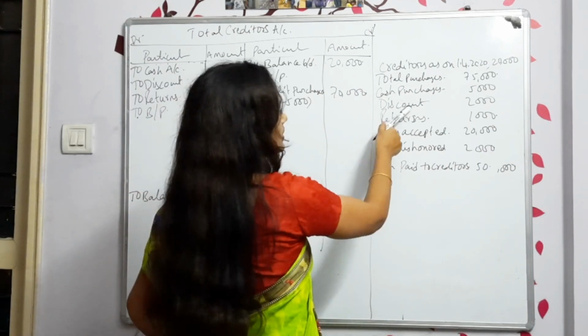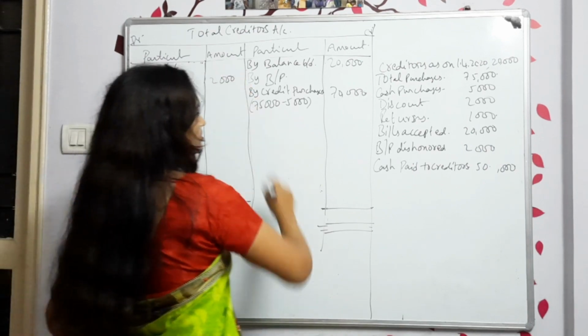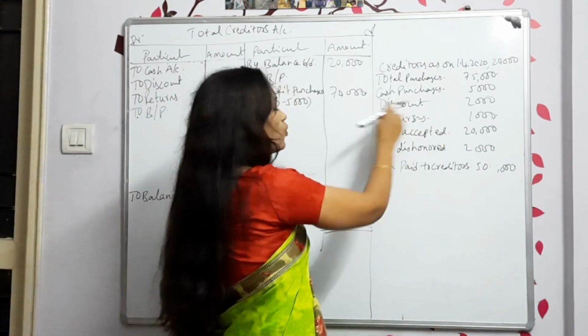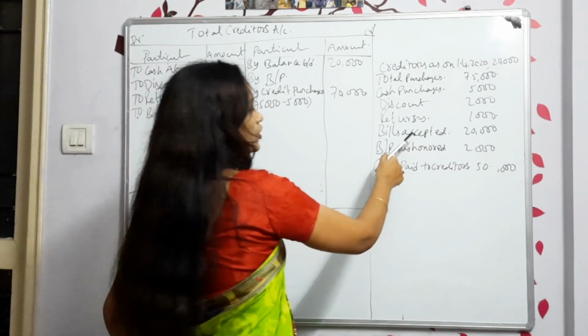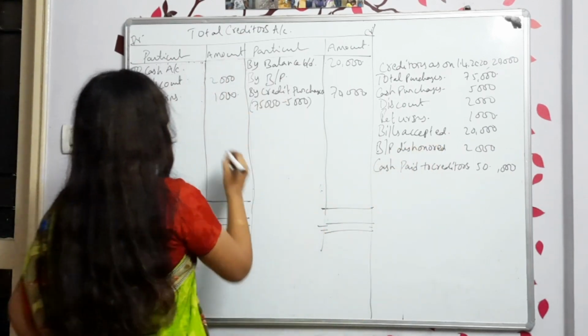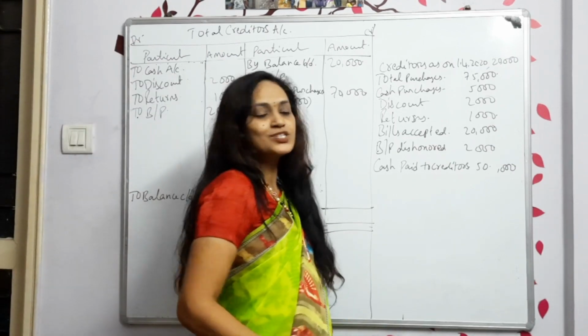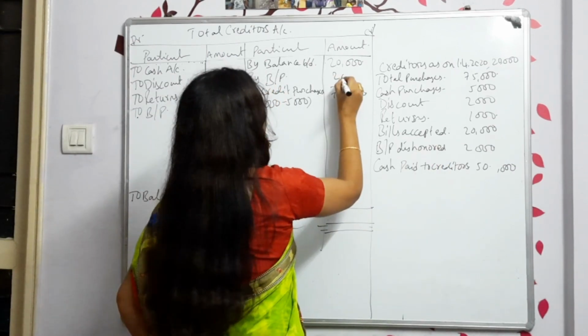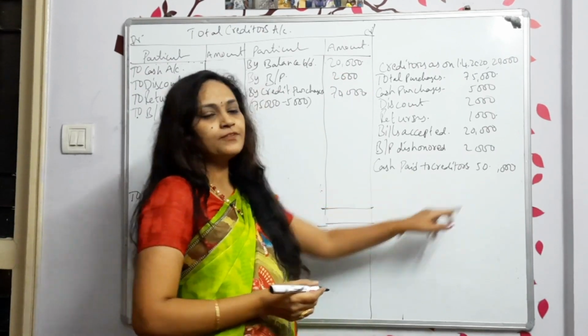Next, discount 2,000. In the place of discount, I am writing 2,000. Next, returns 1,000. New bills accepted 20,000. Some bills were dishonored, that is 2,000. And cash paid to the creditors 50,000.